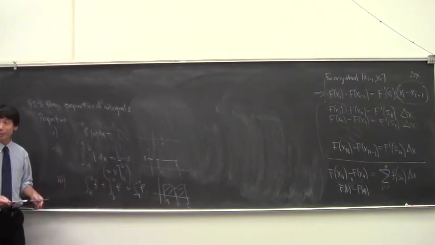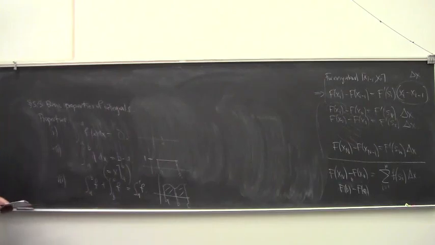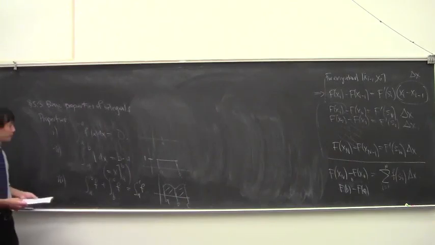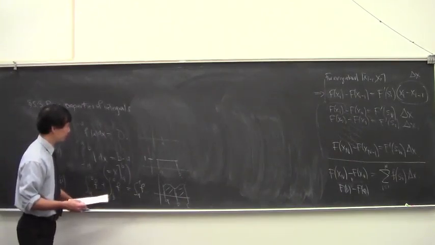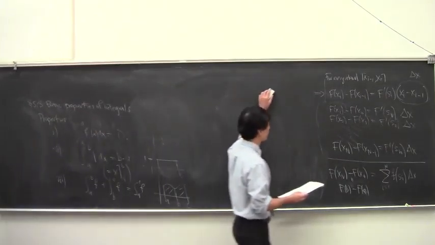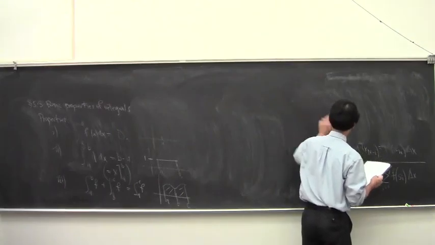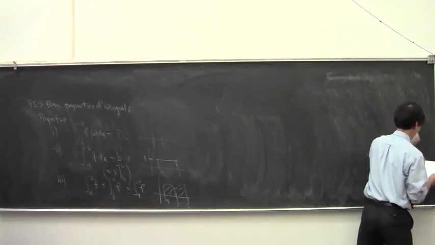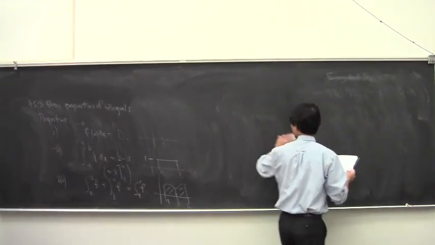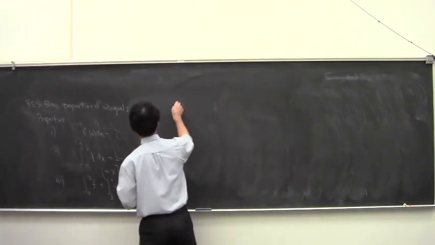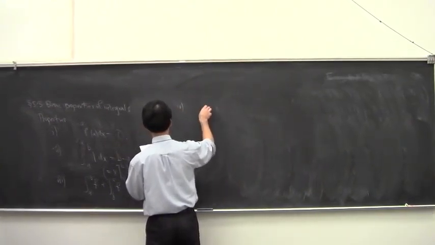Yeah, for the second one, if it's any constant, the integral of any constant is going to be that constant times b minus a. Yeah, actually, you're sort of foreshadowing the fourth thing.